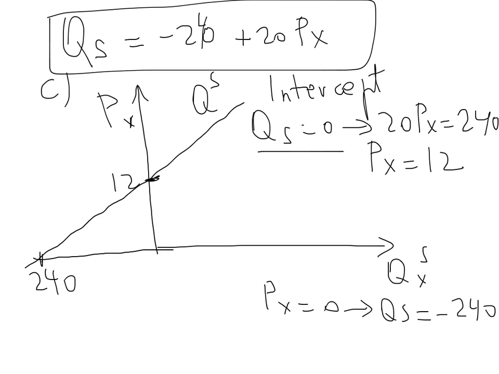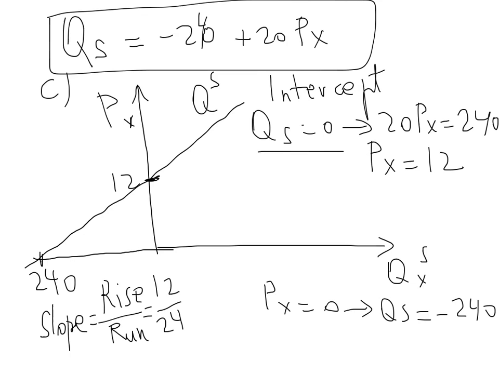And then the slope is going to be rise over run, which is 12 divided by 240. We have a positive slope on the supply side. So that's going to make our slope 0.05. So that was C.